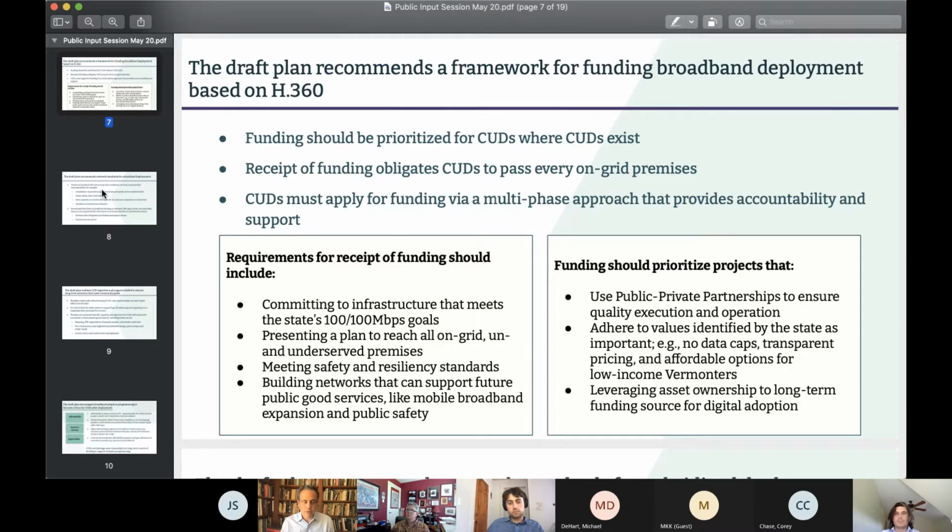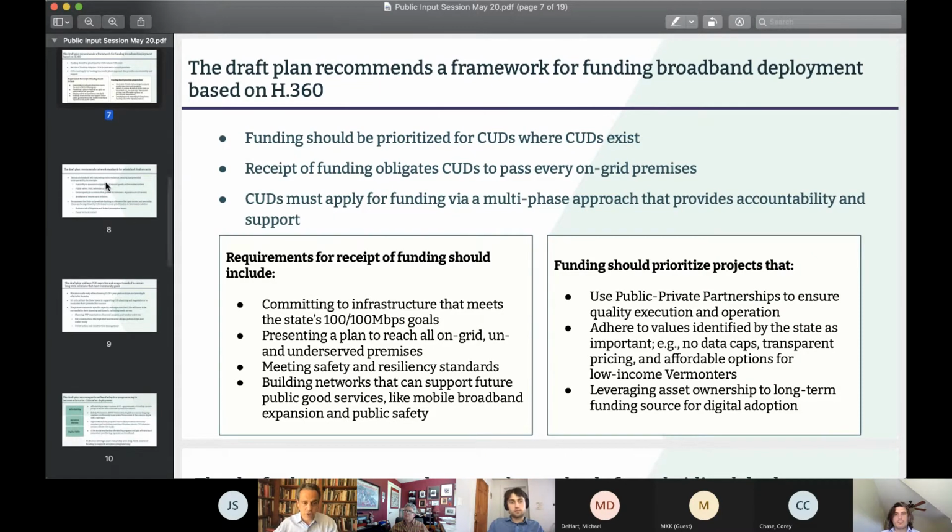And you need to have plans for meeting safety and resiliency standards, as well as reaching the last mile of the districts in question, and building networks that can support future public good services like mobile broadband expansion and public safety. We want to make sure that this is done in a thoughtful way, thinking forward several years, and in fact, in this draft plan, the entire decade.